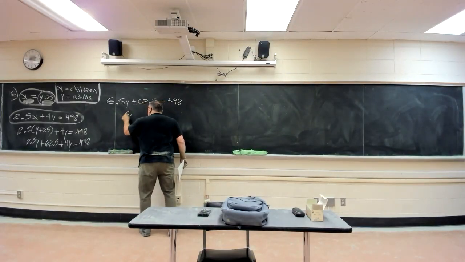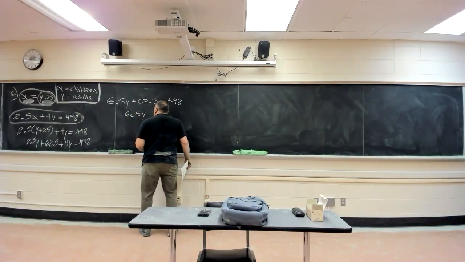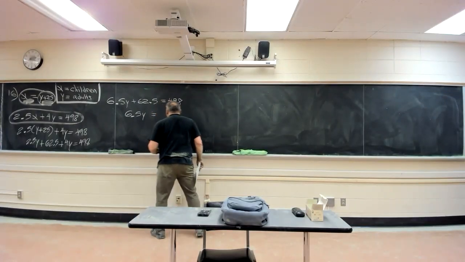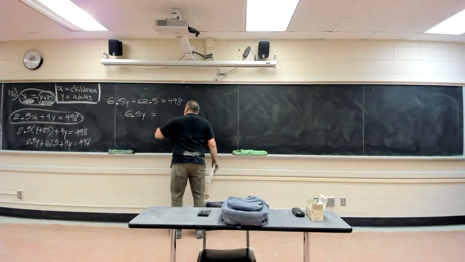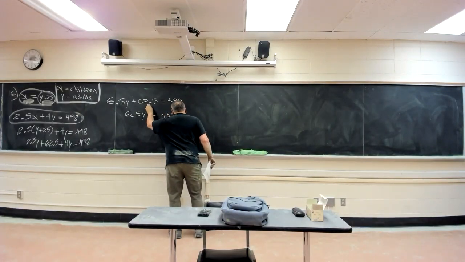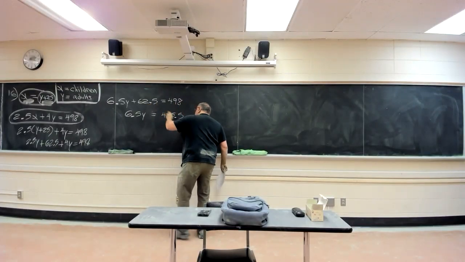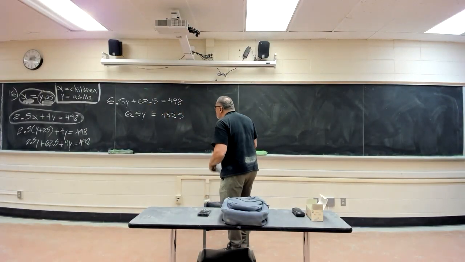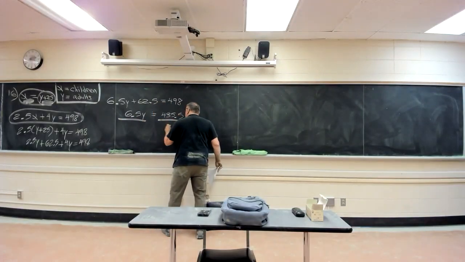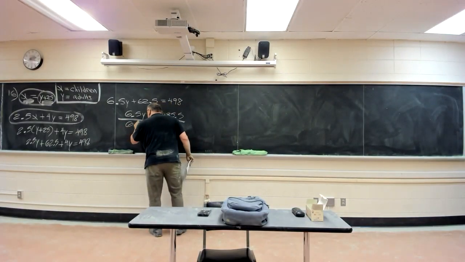Subtract 62.5, or 62.50, on each side. If you subtract 62.5 on each side, you get 435.5. Divide by 6.5 on each side.